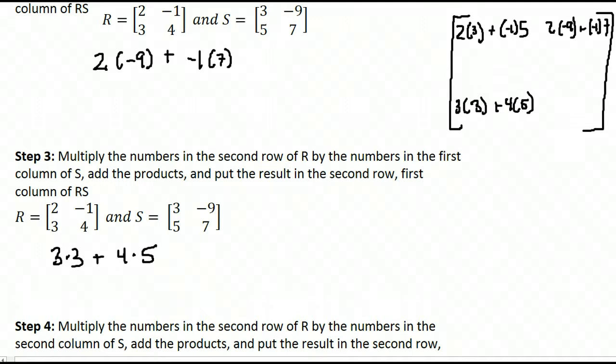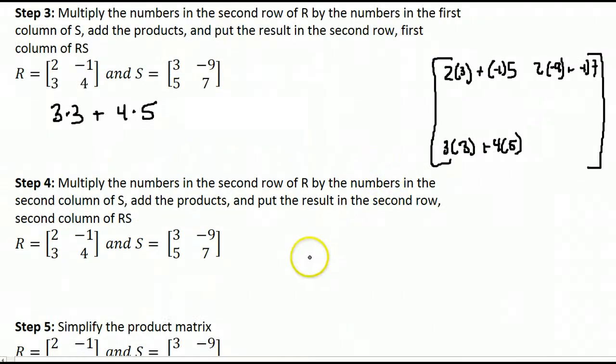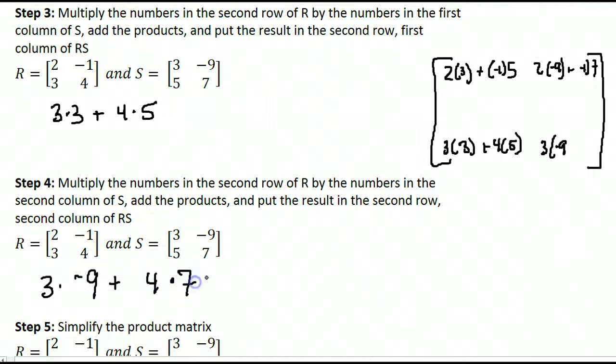All right, moving along to step 4. In step 4, we again multiply the second row of R times the second column of S. This time we get 3 times negative 9 plus 4 times 7. That goes into our matrix in the second element of the second row. And that's our fourth element.